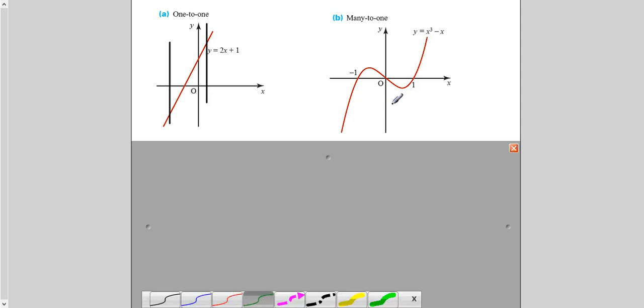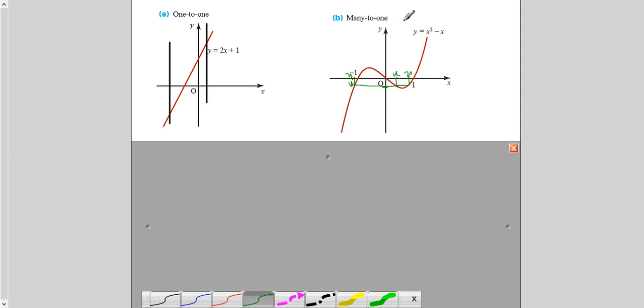So for example, if I pick this value of y, I get this value of x, I get this value of x, and I get this value of x. So these are different values of x, and they are giving you the same value of y.